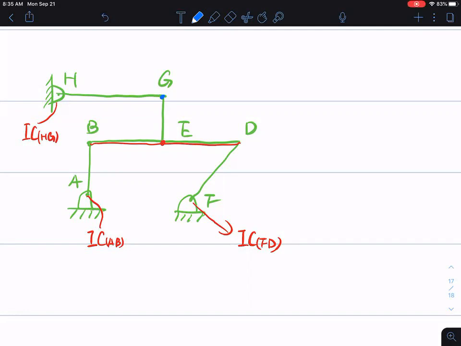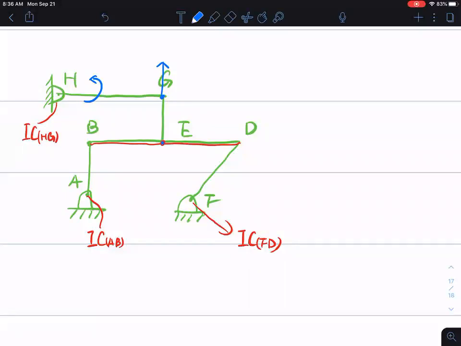Point in the direction of motion of point G. It should either go up or go down. To be consistent, if this point is moving that way, this should go up. So we know 1 point on this rigid body is going up.